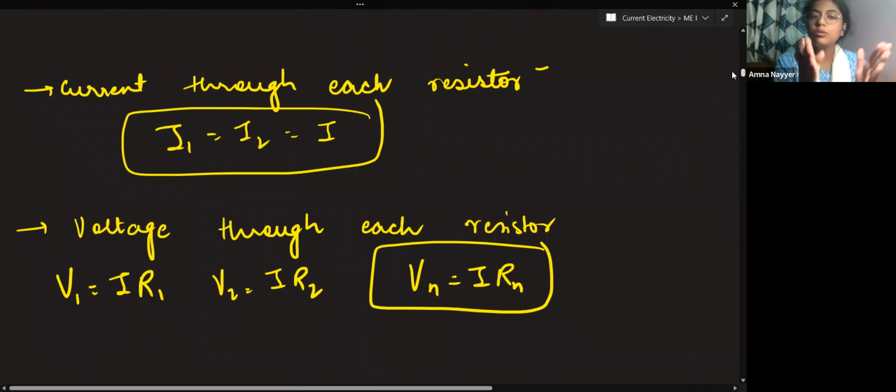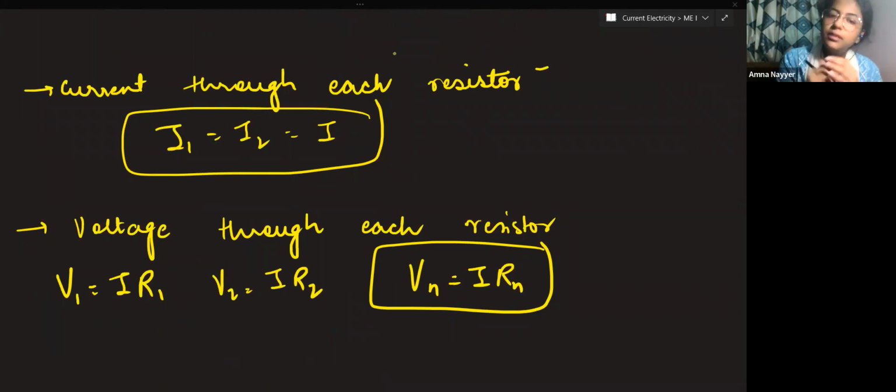So what happens to current through each resistor? Current through each resistor remains the same. So it's I1, I2, I3, whatever is the value, that value will be the same. Why? Because we are considering series combination. And potential across a single resistor will be given by V1 is equal to IR1. Second resistor, it will be IR2. Third, it will be IR3 and so on. So Vn will become IRn, like this.